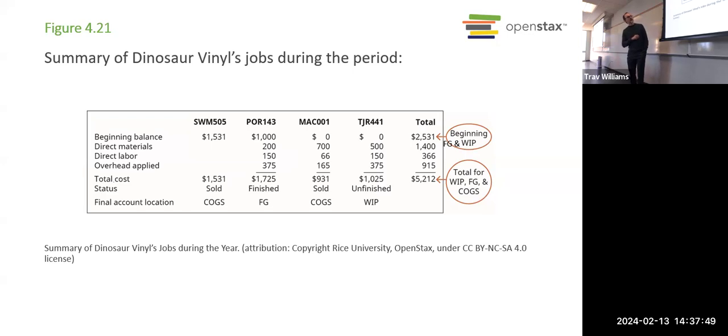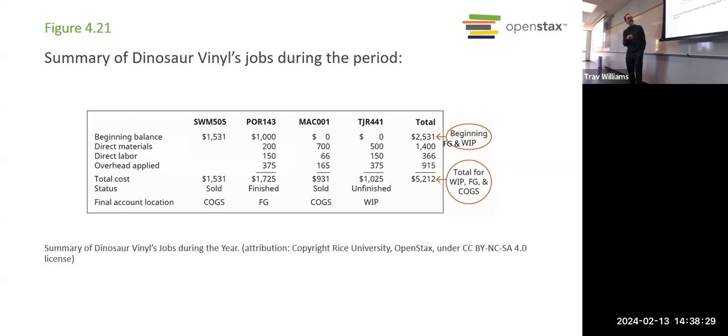So here, if we put things together, we take the beginning finished goods and work in process of every product. We can put them all on one table, add up, and get a total beginning cost for all 4 products. We can see what direct materials we added for all 4 products, or at least 3 of them. Direct labor cost, overhead, and we can add up and get a total in each of those categories. We can also add up the total costs that we started with or were added.